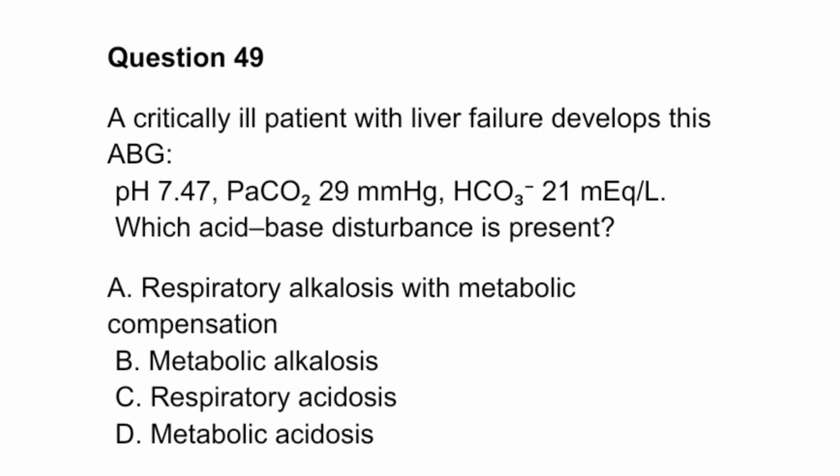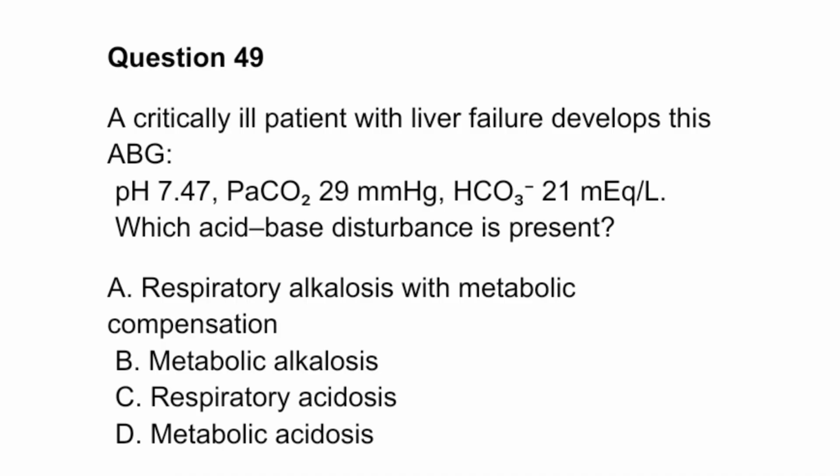Question 50. A critically ill patient with liver failure develops this ABG: pH 7.47, PaCO2 29 mm of mercury, HCO3- 21 milliequivalents per liter. Which acid-base disturbance is present? A. Respiratory alkalosis with metabolic compensation.